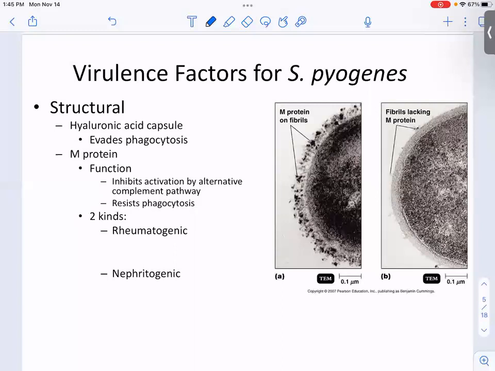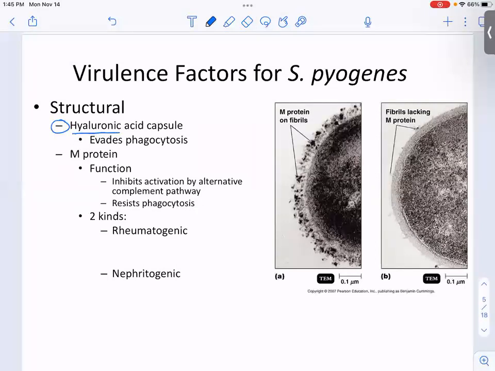Okay, so let's think about some virulence factors here for strep pyogenes. Again, a couple structural ones. Most often, the strep pyogenes is going to make some kind of a capsule, and oftentimes this organism, that capsule, is this particular polysaccharide called hyaluronic acid.